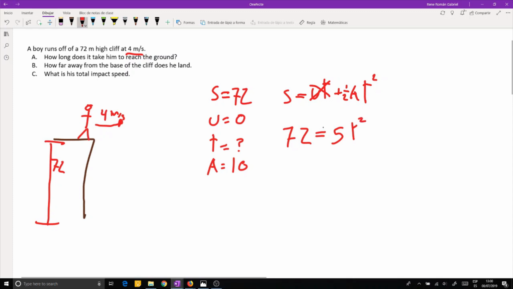So then we just pass the 5 to the other side, dividing. So let's put that in the computer. 72 divided by 5 equals 14.4. And then, since we pass the square to the other side, we take the square root.